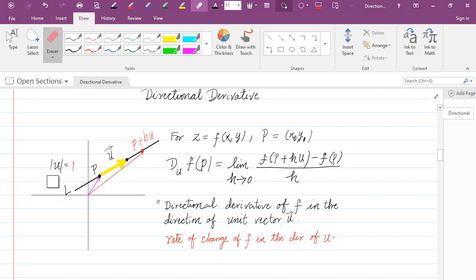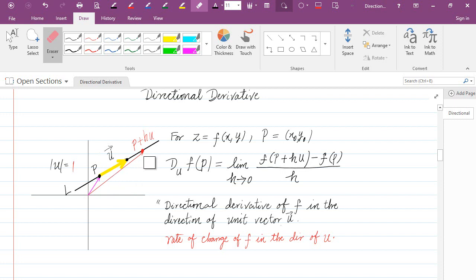Let's also fix a unit vector u, which means that the length of u is 1. So the yellow vector in this figure is the vector u. Let L be the straight line passing through the fixed point P parallel to the vector u.